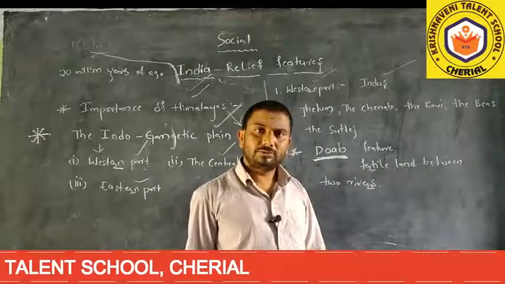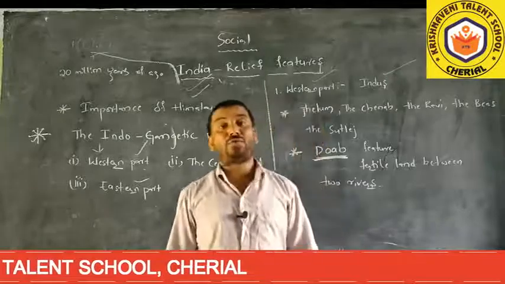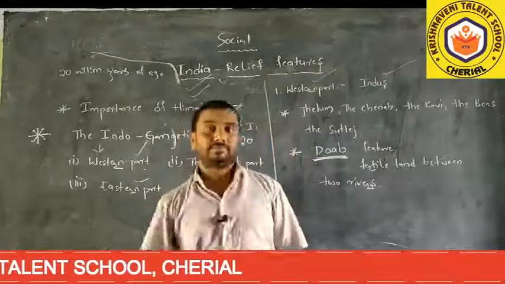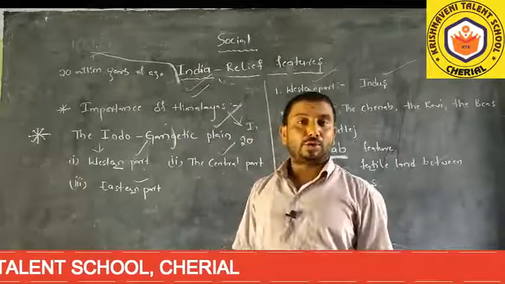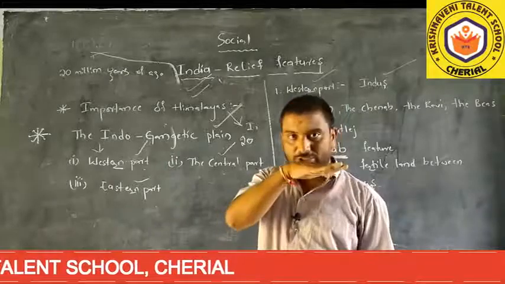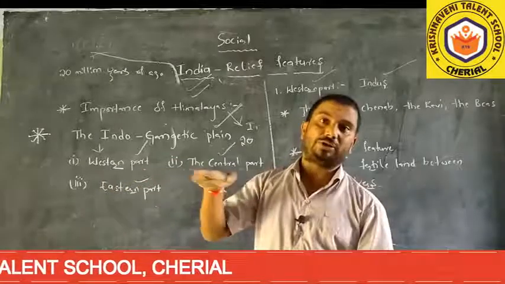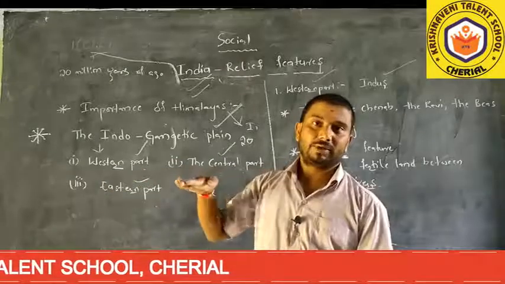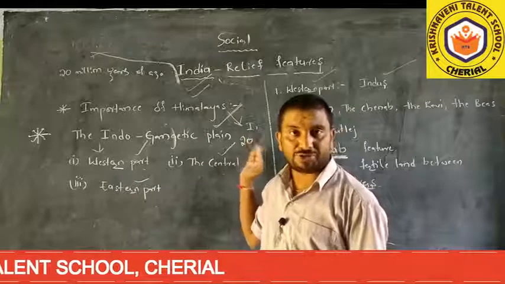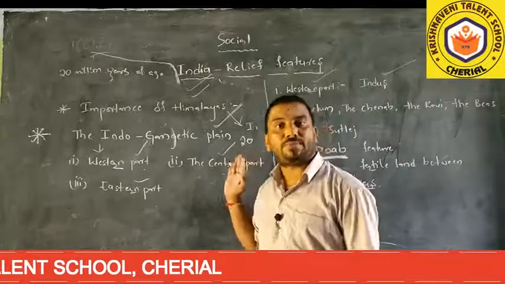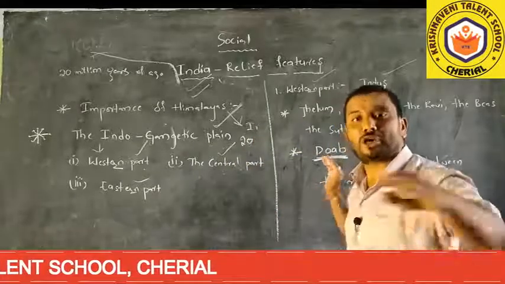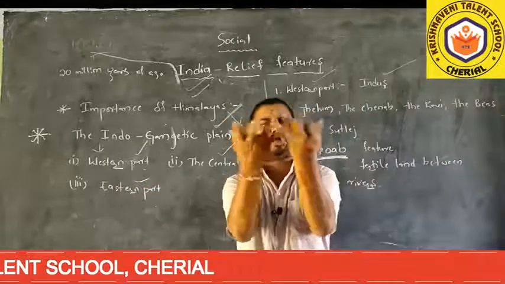That's all. The composition of the western part of the Indo-Gangetic plain. What is the land feature? The feature of the western part of the Indo-Gangetic plain is doab features. Doab feature means it is fertile soil, alluvium soil, good soil.